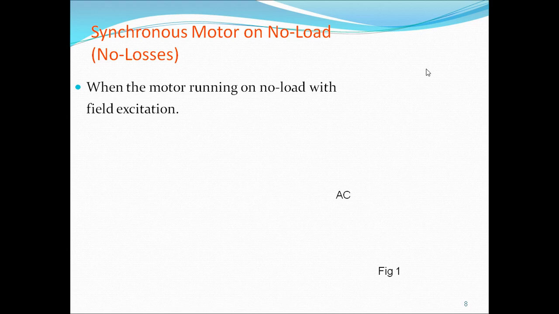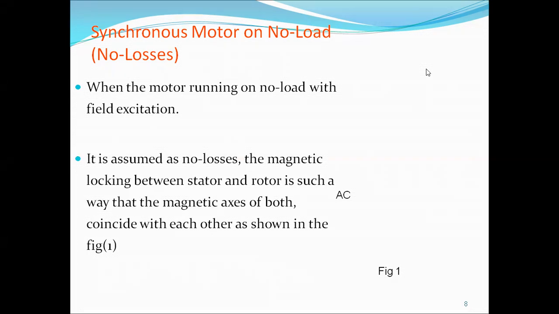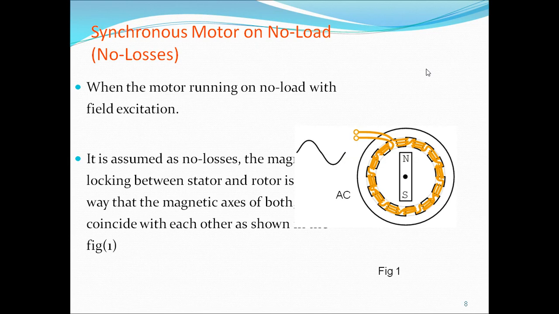Synchronous motor on load with no losses. When the motor is running on no load with field excitation as shown in the figure, it is assumed there are no losses.